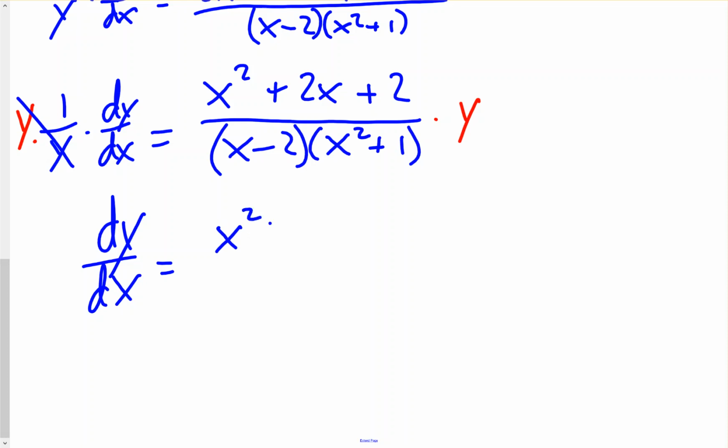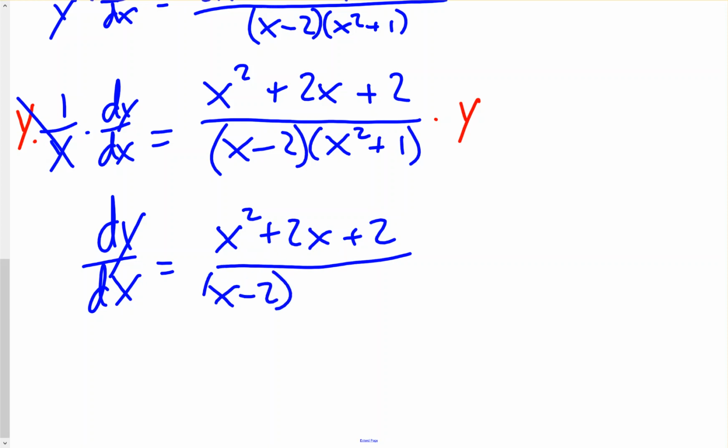Okay, so x squared plus 2x plus 2 over (x minus 2) times (x squared plus 1), times, again, replace y with (x minus 2) squared over the square root of (x squared plus 1).